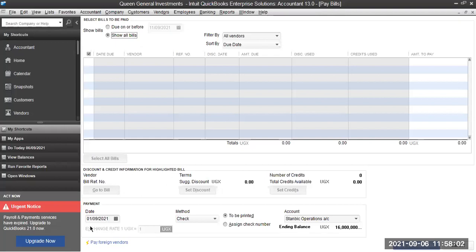Then afterwards, there is the payment section, where we have the date when we are paying, the method, and the account. From this account here, that's where you get the different accounts that you use to pay off that debt.